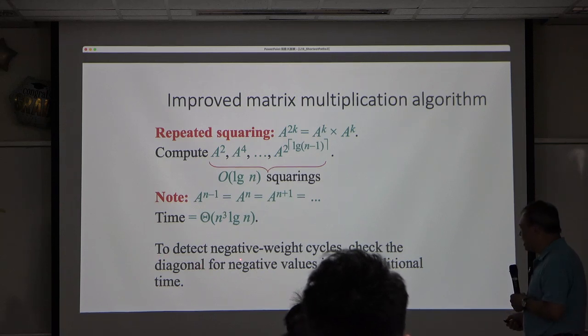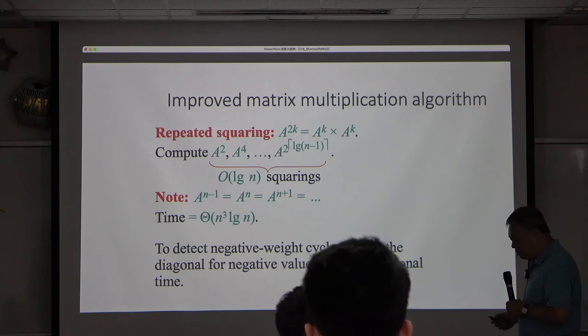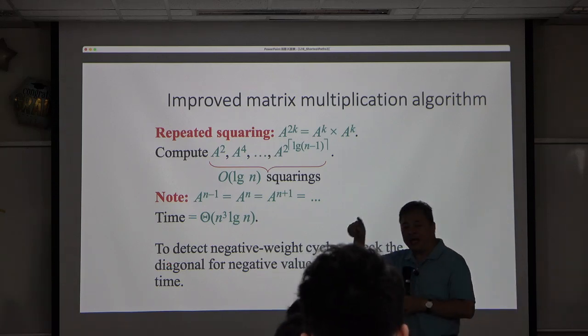Also, to detect a negative weight cycle, you need to check the diagonal for negative values in big O n additional time. The diagonal basically represents going from i to i, right?